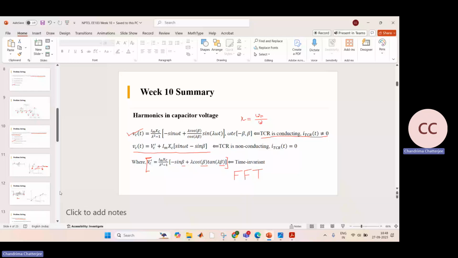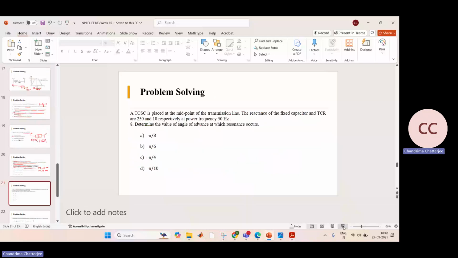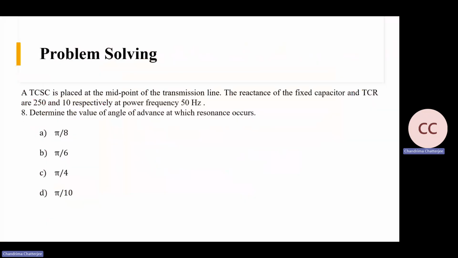Okay, so question 8 to question 10, they are common data questions. This question says that a TCSC is placed at the midpoint of the transmission line.